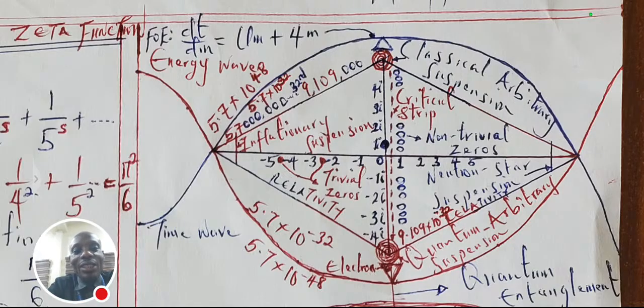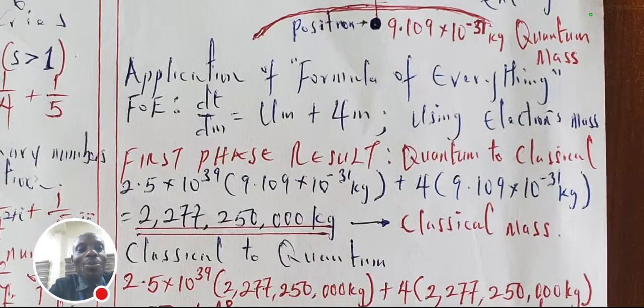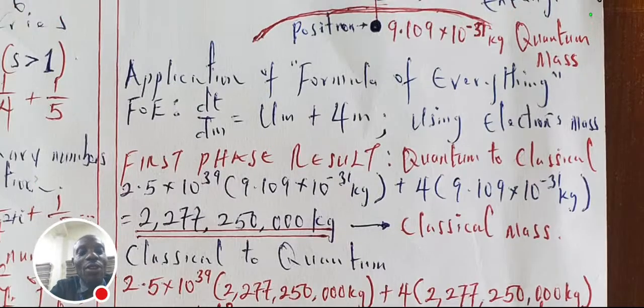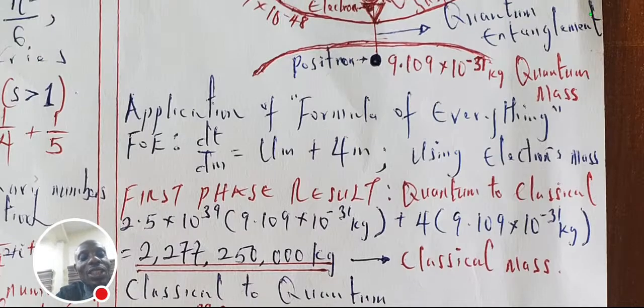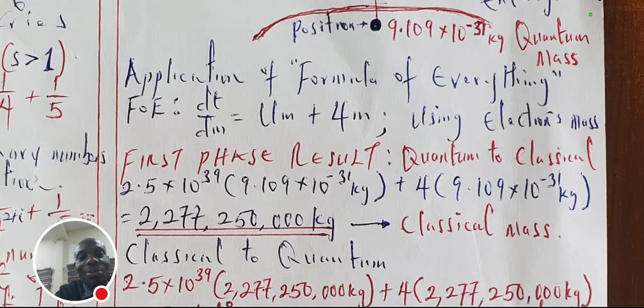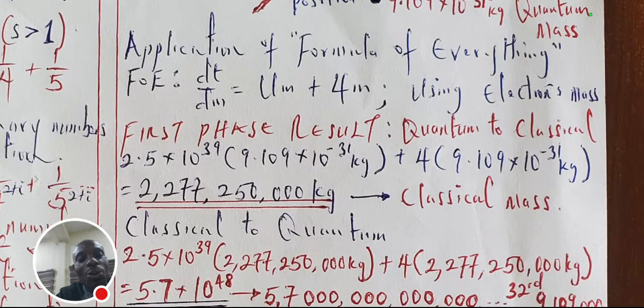And once you do that, this is what you're going to get. Now, let's see how formula of everything is applied. Application of formula of everything. So now we want to use the mass of electron. Now, first phase result. We are moving from quantum level to classical level.